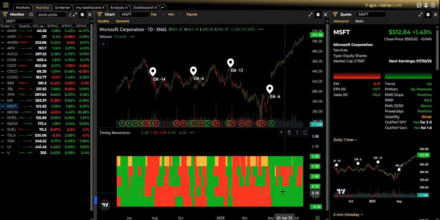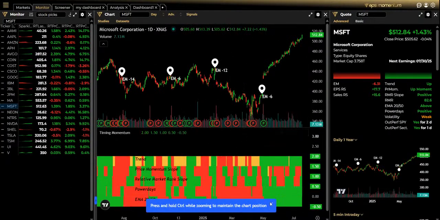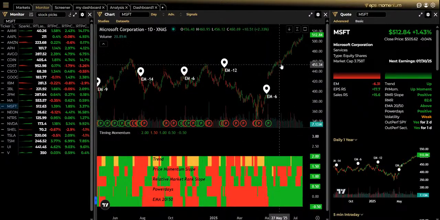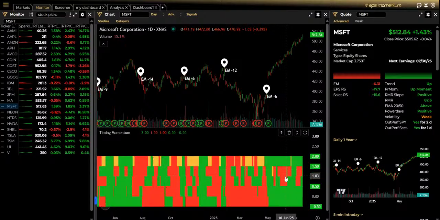And see, here is another name like Microsoft. I can see, it starts with a green. There's a power day on that day. All the indicators are pointing green, and it's a slam dunk all the way. So within the trend, you always have those slopes that kind of show weaknesses.